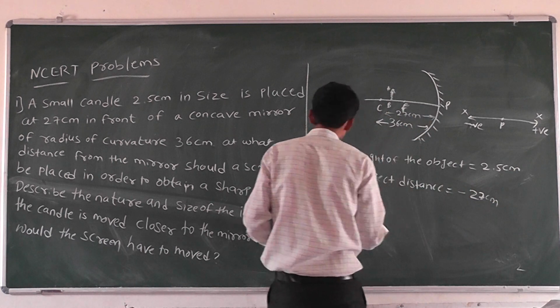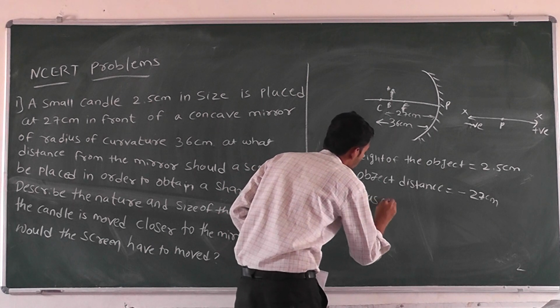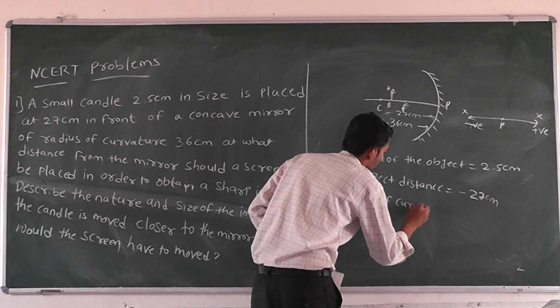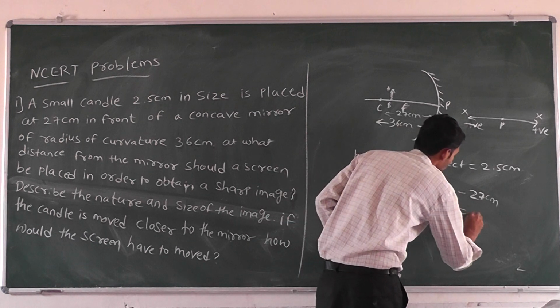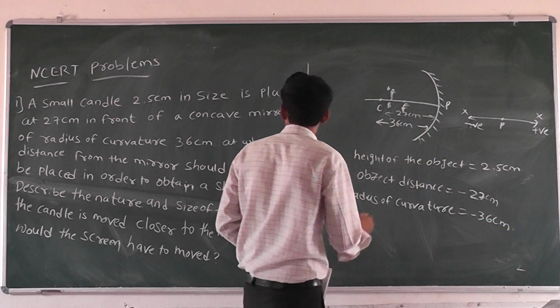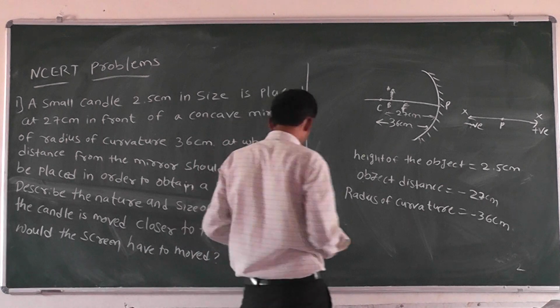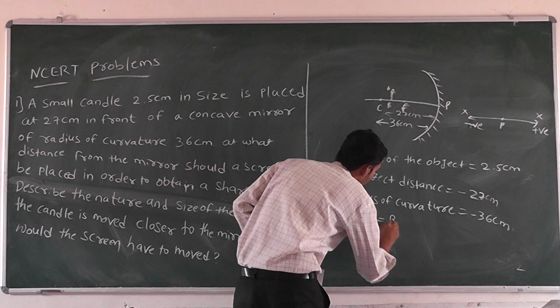And next, the radius of curvature, what are they given? The radius of curvature is the same, minus 36 centimeter. And next, what is the focal length here? F is equal to R by 2.